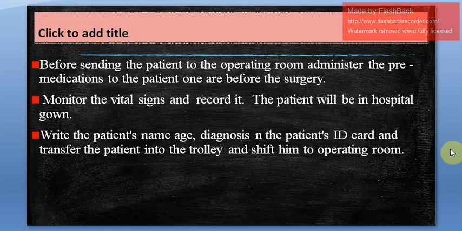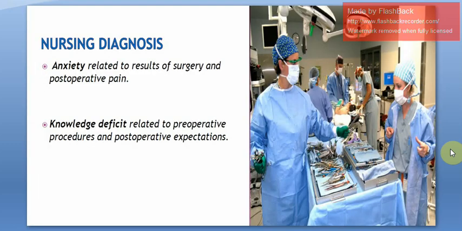You have to put the patient's ID card. In the ID card you can write the patient's name, age, and then you can transfer the patient onto the trolley and shift to the operating room or the operation theatre. When you are shifting the patient, see that one nurse is accompanying the patient, along with the family members maybe, until the operating room.